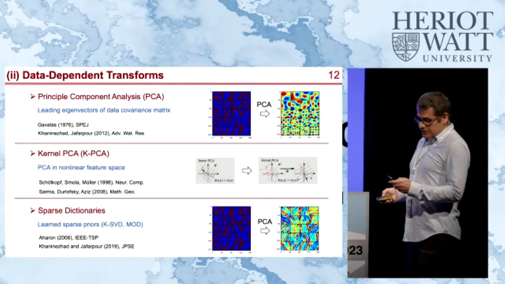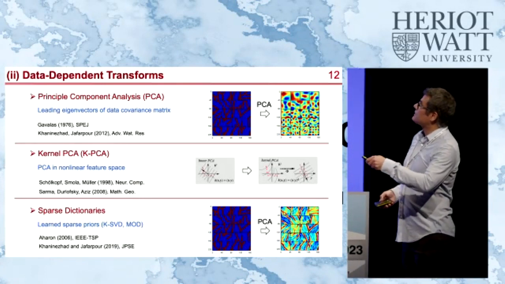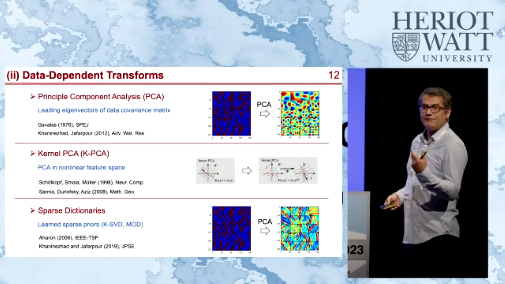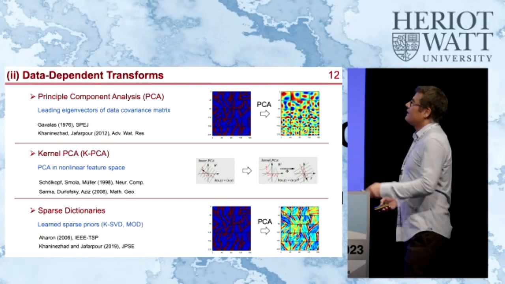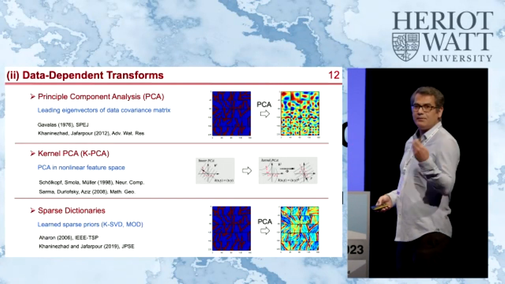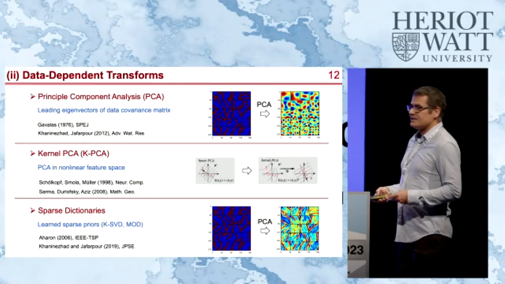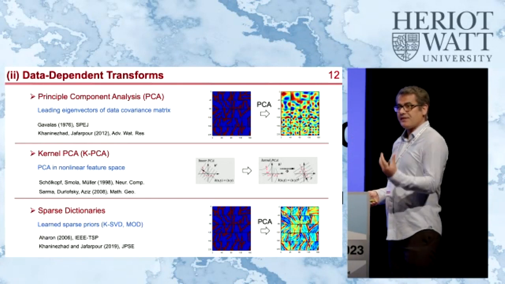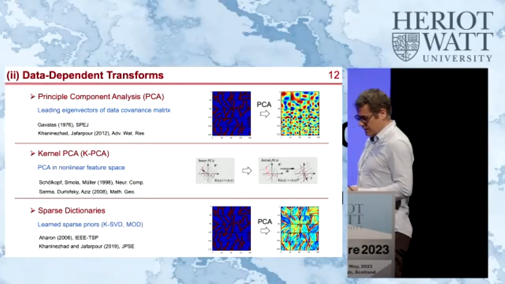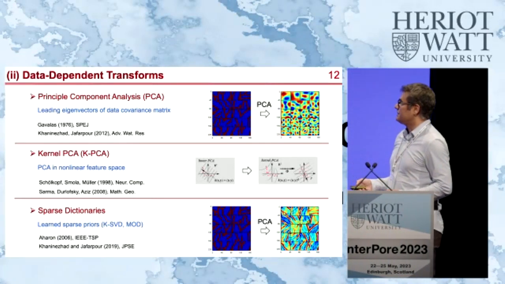We can also develop basis functions that are data-dependent, that have geological patterns in them, and there are a series of techniques that people have developed to solve this kind of problem. As a result, you get more specialized basis images for the particular type of patterns that you have in your problem.